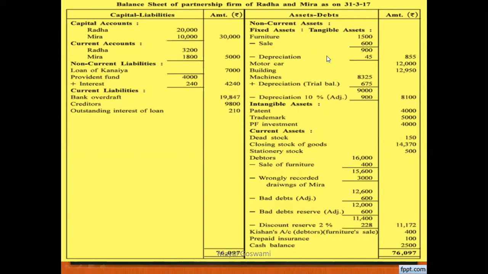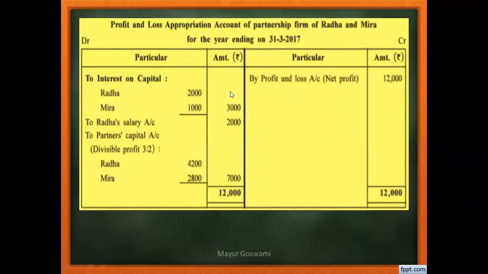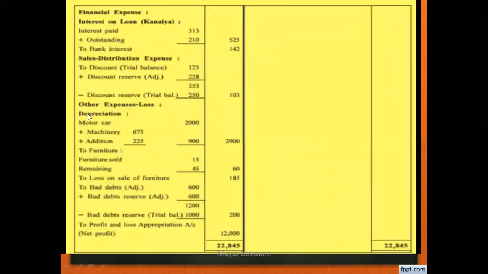So only one effect of this sale of furniture depreciation is given, and it is given on the P&L debit side. So right here, P&L debit side, we have already written the depreciation, right? So right there, furniture sold, into inner column 15 rupees. Am I right? So book value is 600 less depreciation 15.